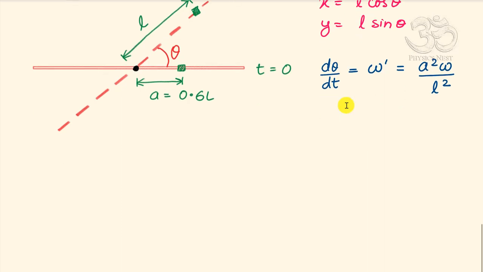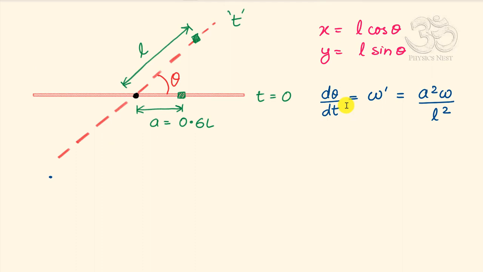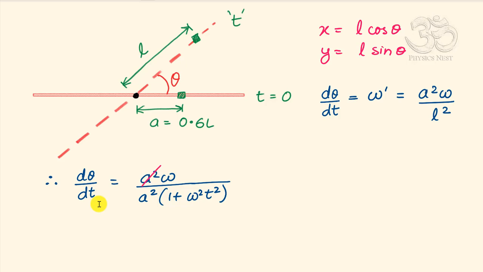So I'm doing it here: d theta by dt will be equal to a squared omega by L squared, which is a squared into 1 plus omega squared t squared, from where a squared will cancel out and you will get d theta as omega divided by 1 plus omega squared t squared dt.